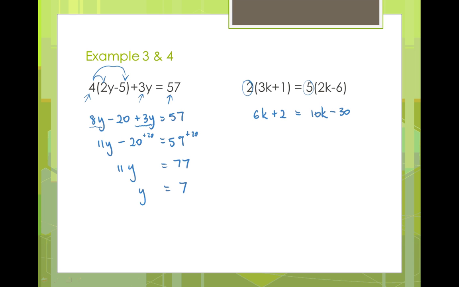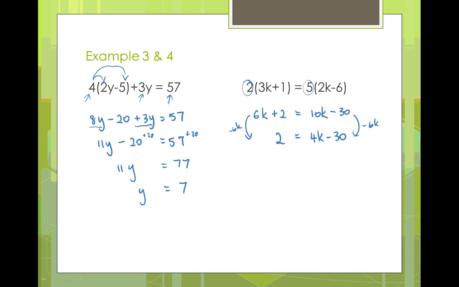So at the moment we've got 10k sitting on this side, so I'm going to move the 6k. How do I move that 6k? I remove that 6k by taking it away from both sides. And that will leave me with just the positive 2 on the left hand side, and on the right hand side 4k minus 30.